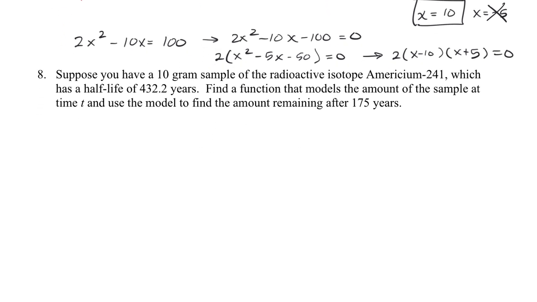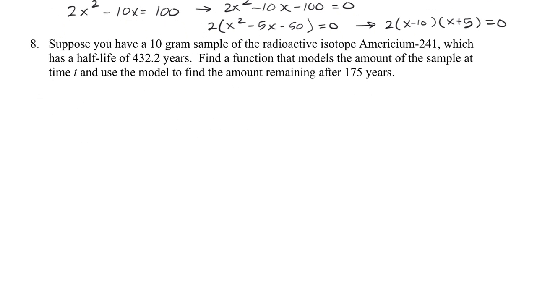Okay, question 8. This is from section 4.6. We need to find a function that models the amount remaining and then use that model to find the remaining amount after 175 years. So we have a radioactive isotope that has a half-life.